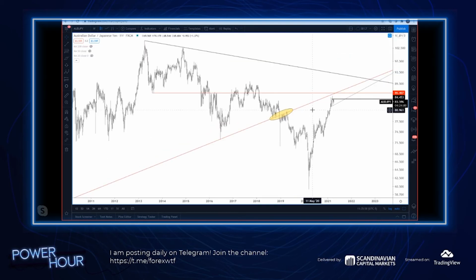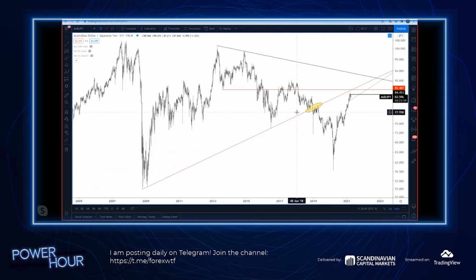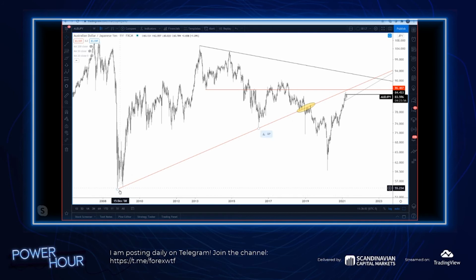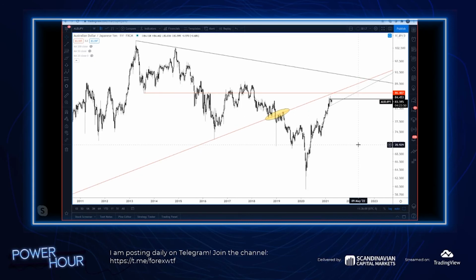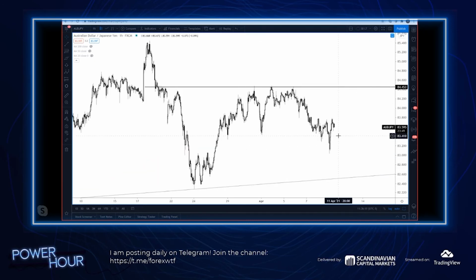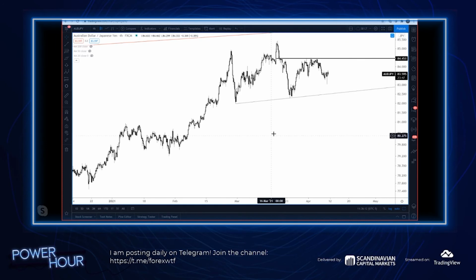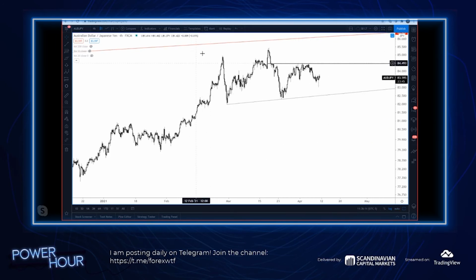Similar to, not Pound Yen, excuse me, but Euro Yen, in that we had a long-term trend line. We were looking for resistance and we didn't quite get there. However, Aussie Yen may be a little more mature than Pound Yen in its little topping process that we have here. So this is one of two things. It's either a triangle top or it's a triangle before we go for another leg up.